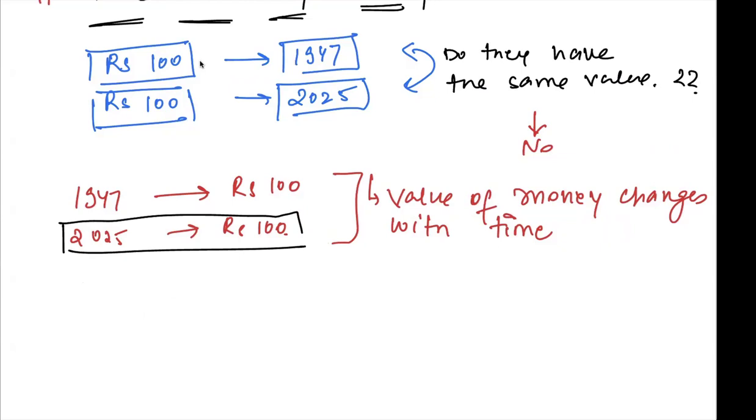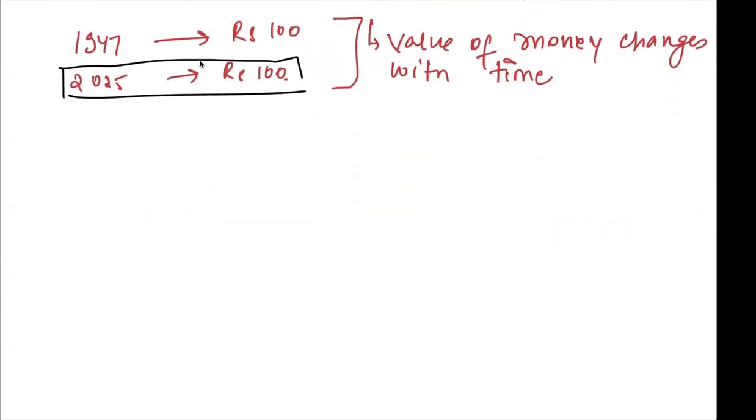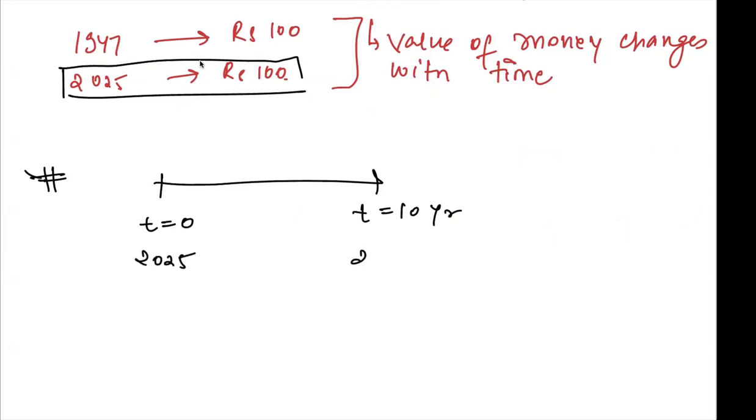Now the question comes: let's say this is today, t equal to 0, and t equal to 10 years, so today 2025 and 2035. Let's say you are receiving $100,000 after 10 years.